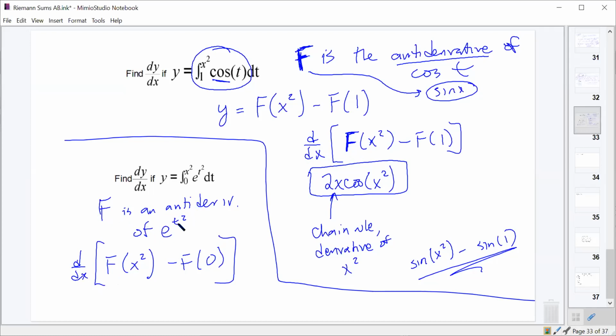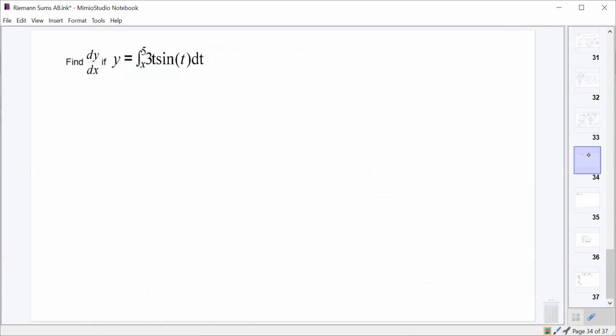If that's the antiderivative of this, the derivative of F should be this thing evaluated at x squared, so e to the x squared squared, and then times the derivative of x squared, 2x, and then minus 0, or 2x e to the x to the 4th. Good or no? Good. All right.